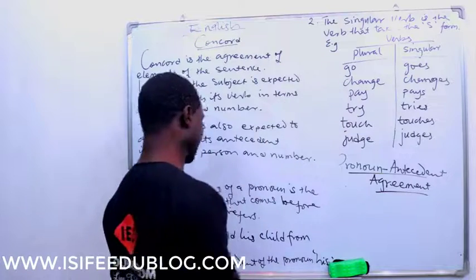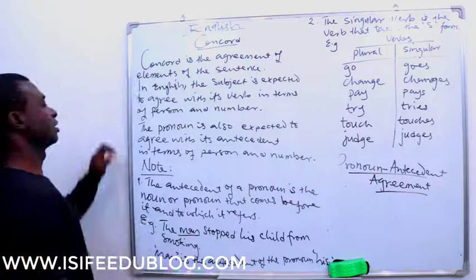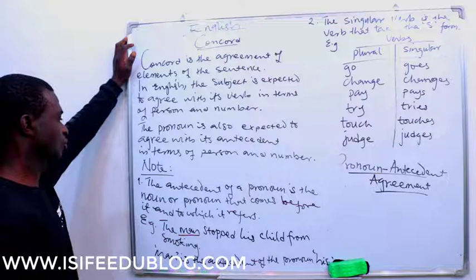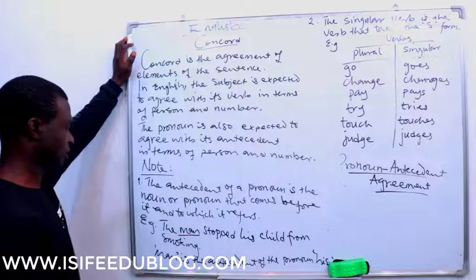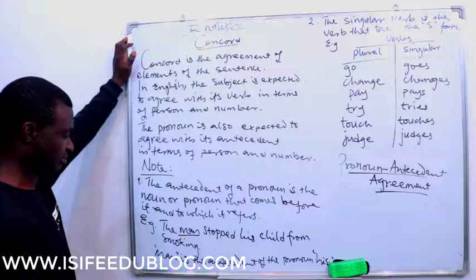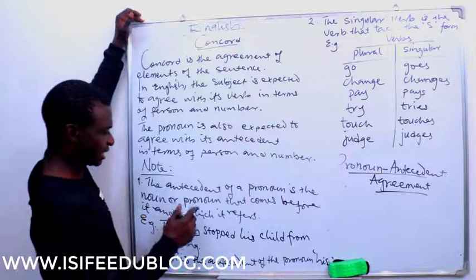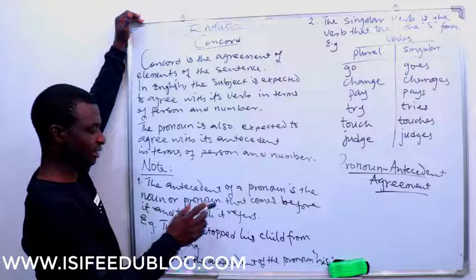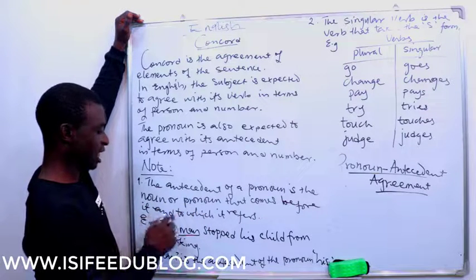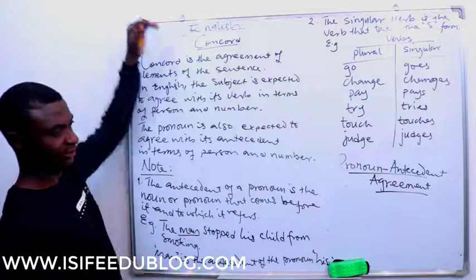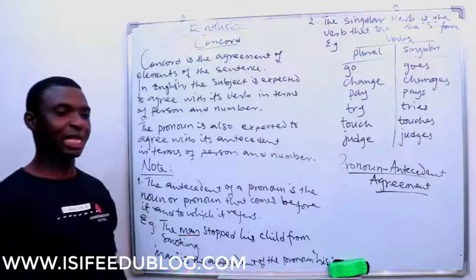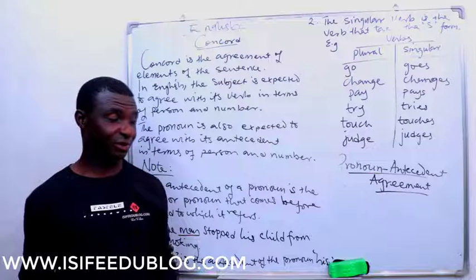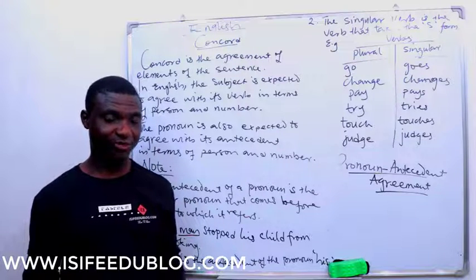Now, it says the pronoun is also expected to agree with its antecedent in terms of person and number. The antecedent of a pronoun is the noun or pronoun that comes before it and to which it refers. If somebody should ask you your antecedent, invariably the person is asking of your background, your parents, your mother and your father.